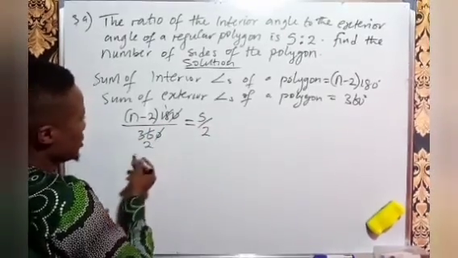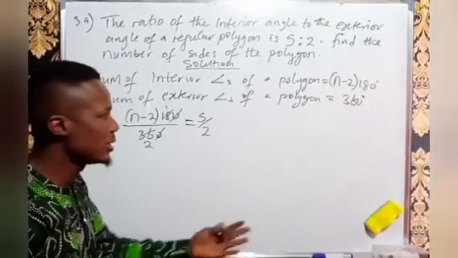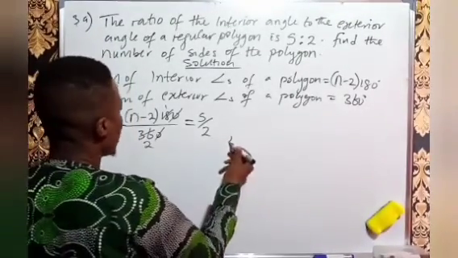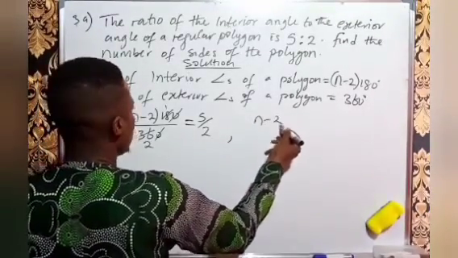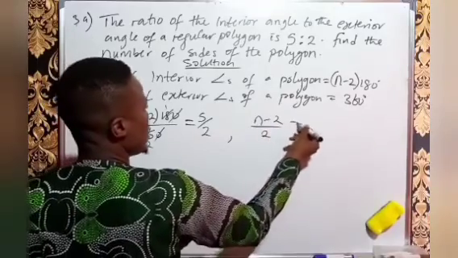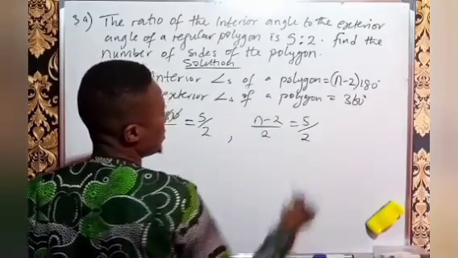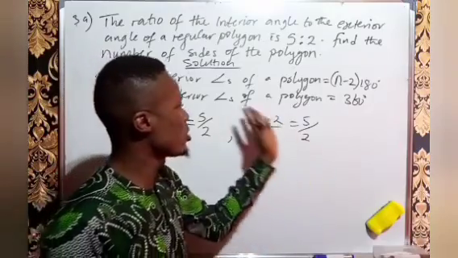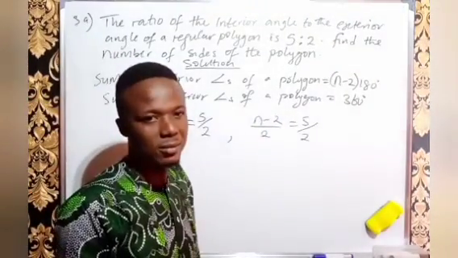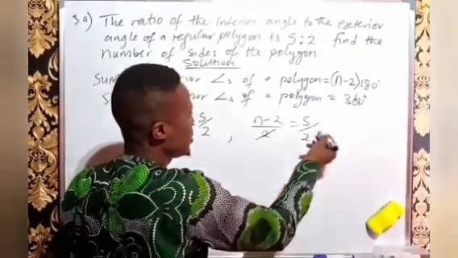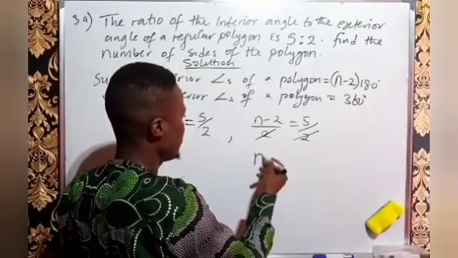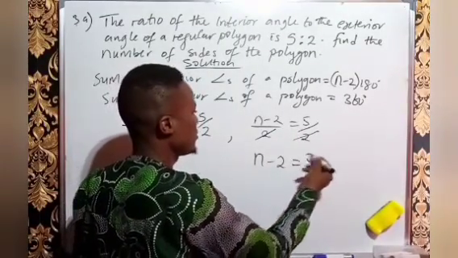If you like, you can just say 2 cancels 2, but to avoid confusion, let me make it better. So I can write n minus 2 over 2 equals 5/2. You can cross multiply, but you're wasting your time. Just say, since they're the same denominator, cancel out. You now have n minus 2 is equal to 5.